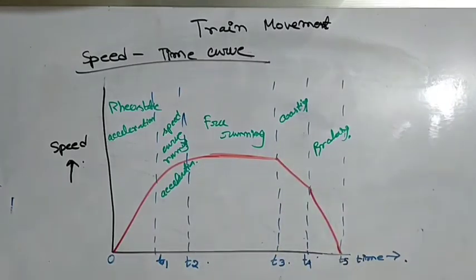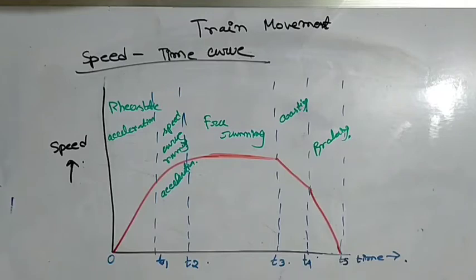Now in case of urban service where the distance between consecutive stops is less than 1 kilometer, the free running period may be absent, and it is desirable to have relatively high speed so that a good frequency of train service is made available.